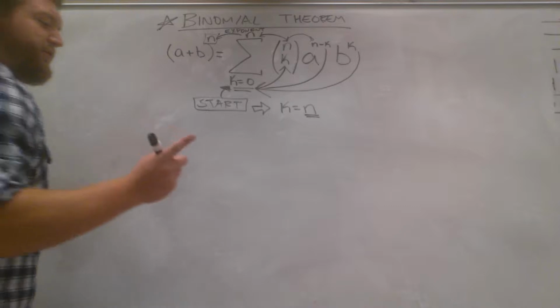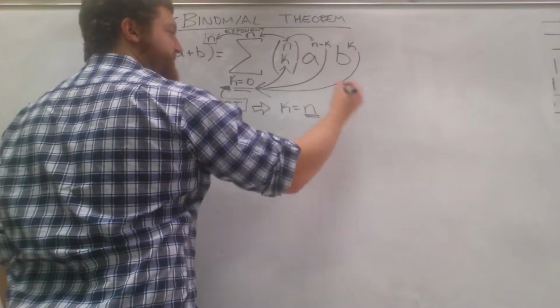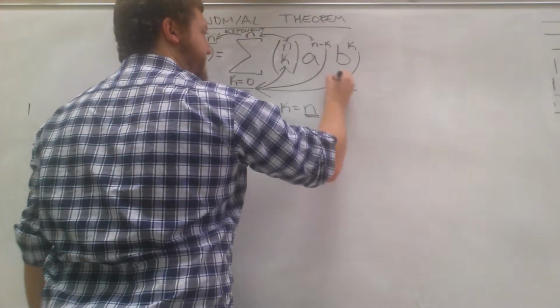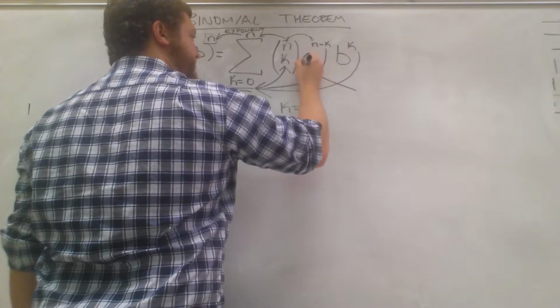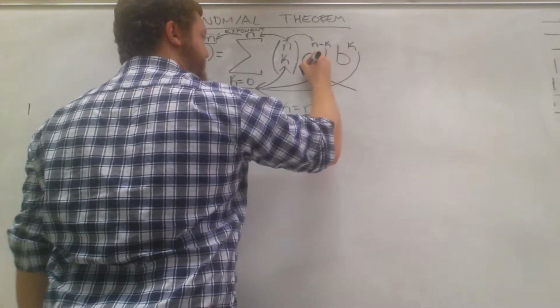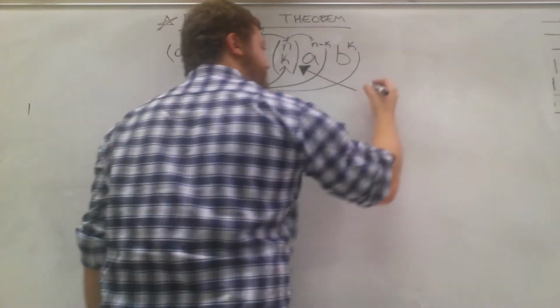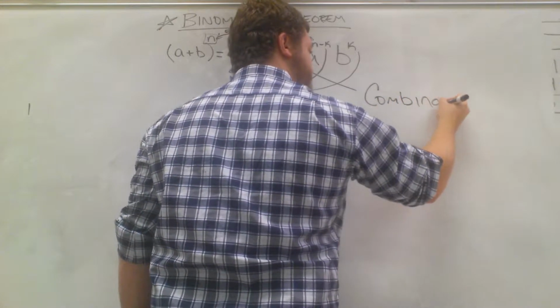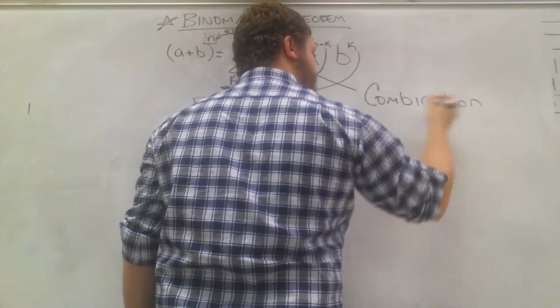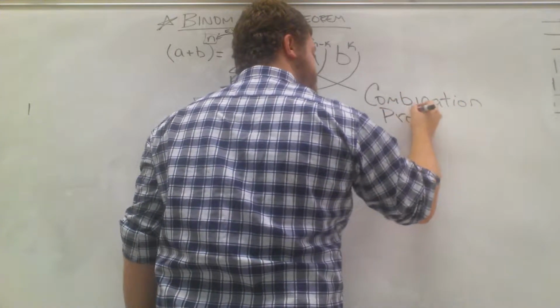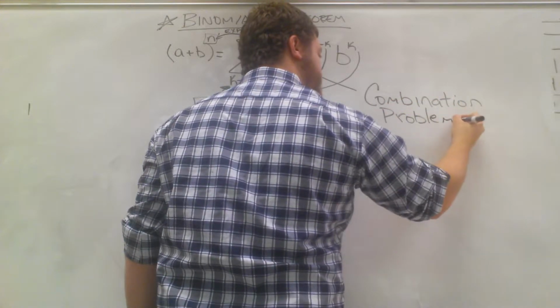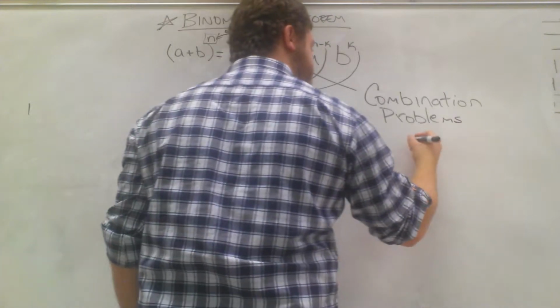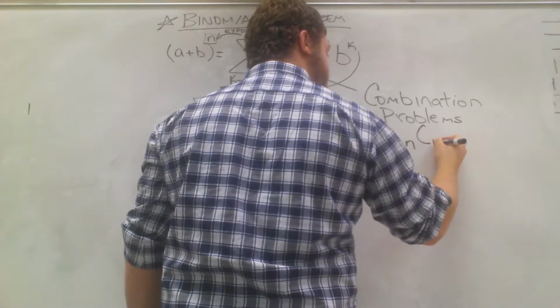Something else I need to tell you before I move on. This parenthesis is the most annoying part when you do these by hand. It's kind of the hardest part. These are all combination problems, where it is nCr.